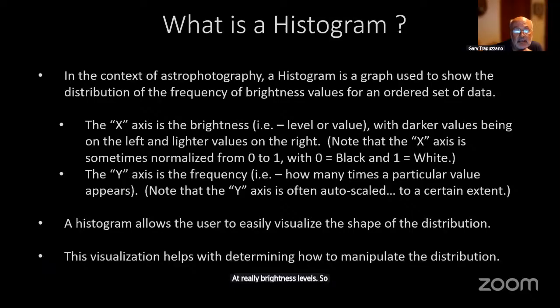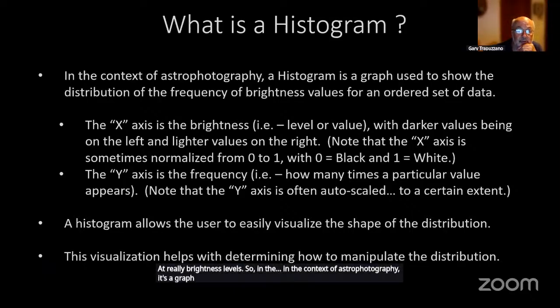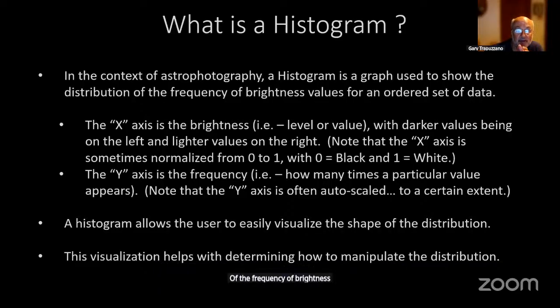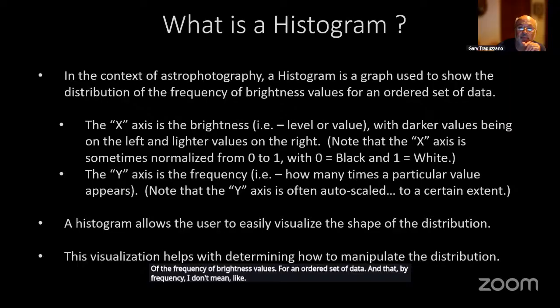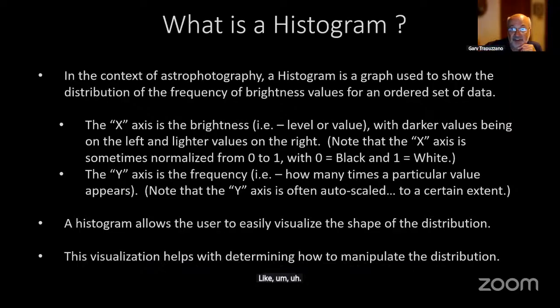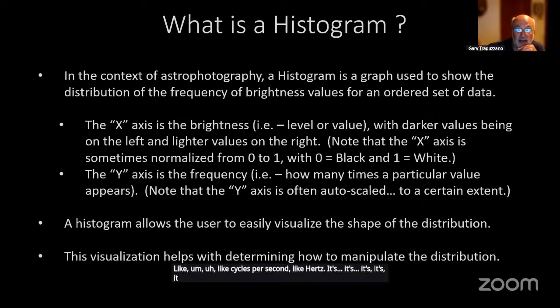So in the context of astrophotography, it's a graph used to show the distribution of the frequency of brightness values for an ordered set of data. And by frequency, I don't mean cycles per second, like hertz. It's how many of them there are.